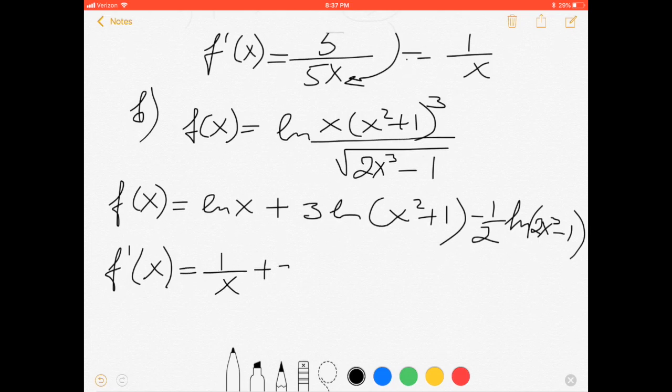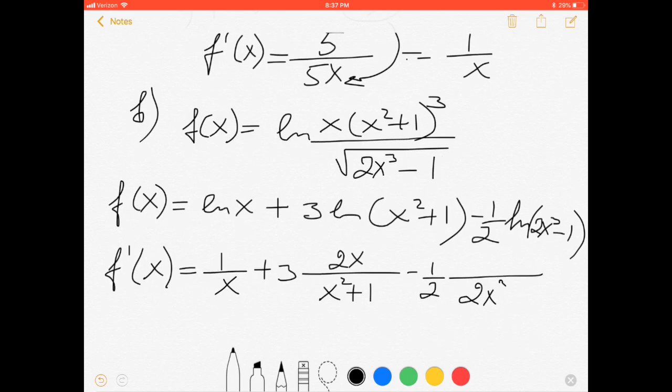The derivative here is 3 times: the denominator is x squared plus 1, and the numerator is the derivative, which means 2x, minus 1/2. The denominator is 2x cubed minus 1, and the numerator will be 6x squared.